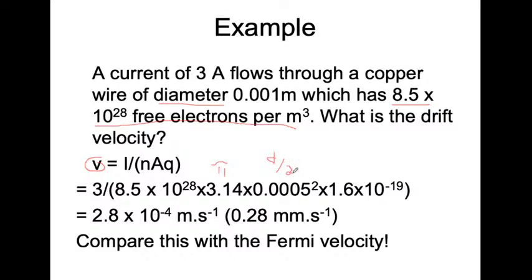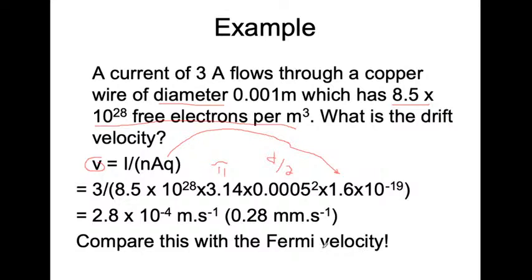That's going to be a common mistake if you're not careful and you're just rushing through these questions. And we're going to multiply it by, since we're working with electrons, the charge per electron, which is our Q, 1.6 times 10 to the negative 19 coulombs per electron. And we get our speed, 2.8 times 10 to the negative 4 meters per second. So they're going pretty slow, but they're still going.